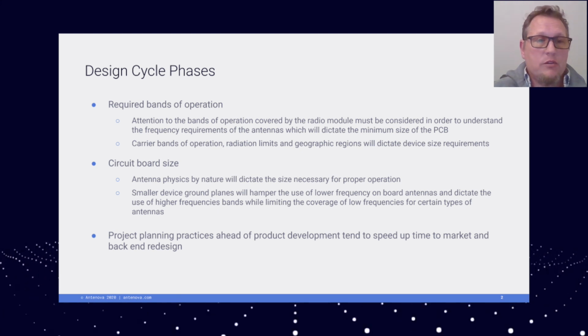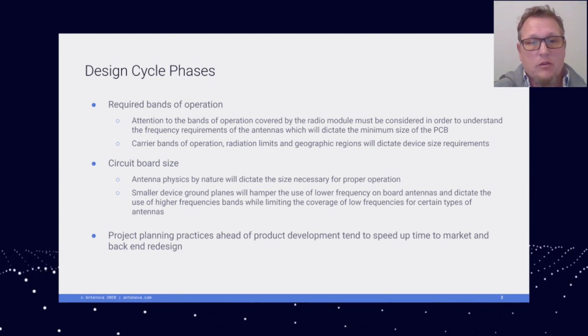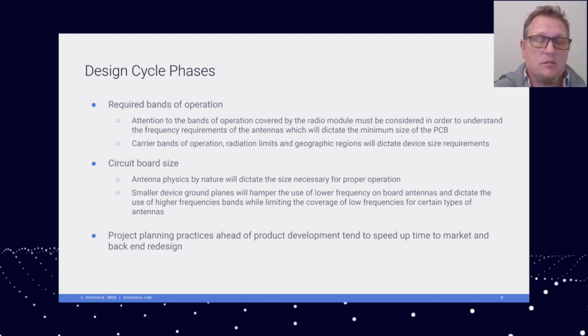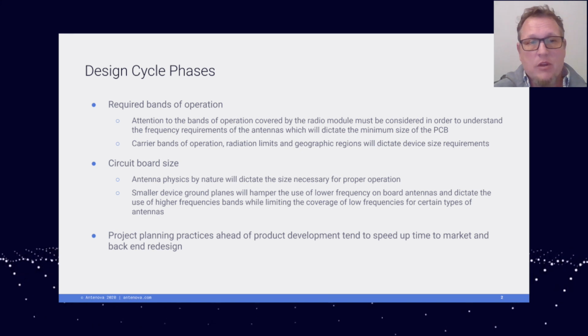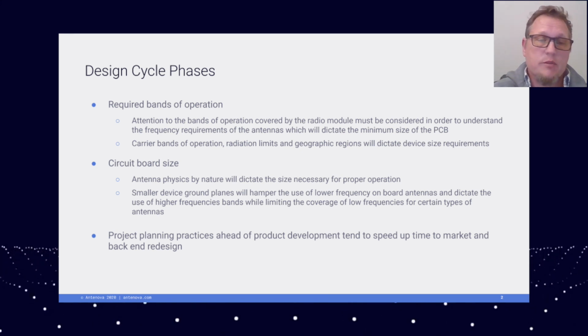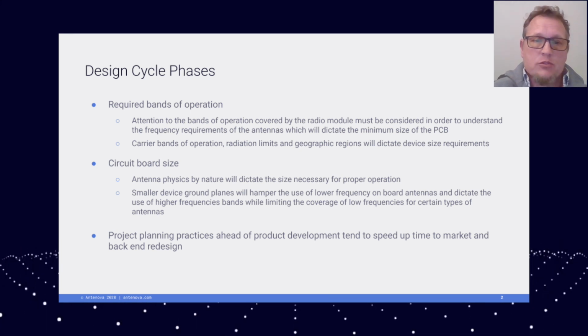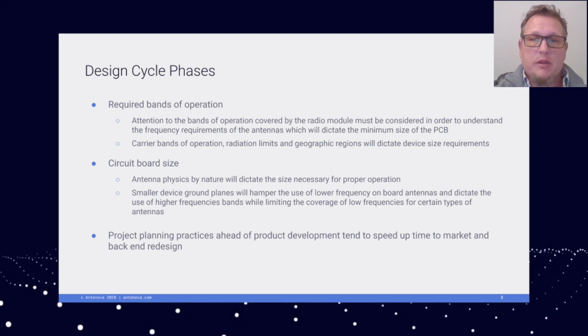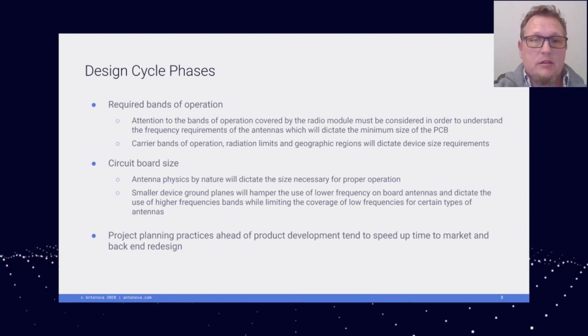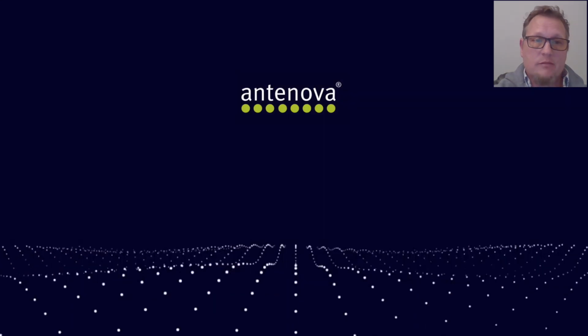So the higher frequencies that you have to cover, such as Bluetooth and Wi-Fi, will allow for smaller board sizes. Project planning practices ahead of product development tend to speed up time to market and reduce the back-end redesign.